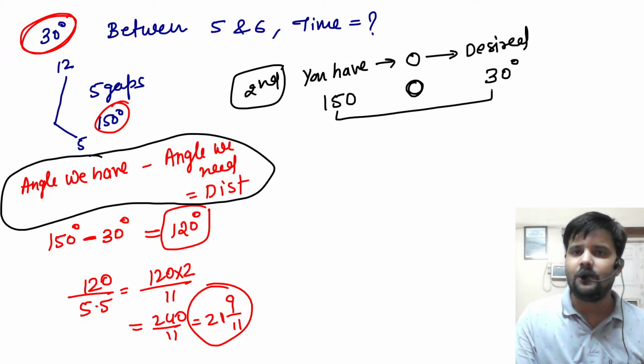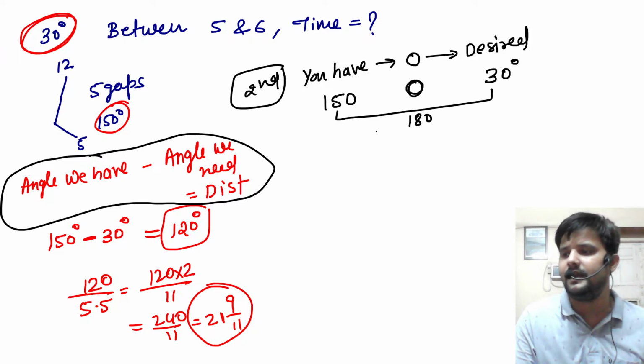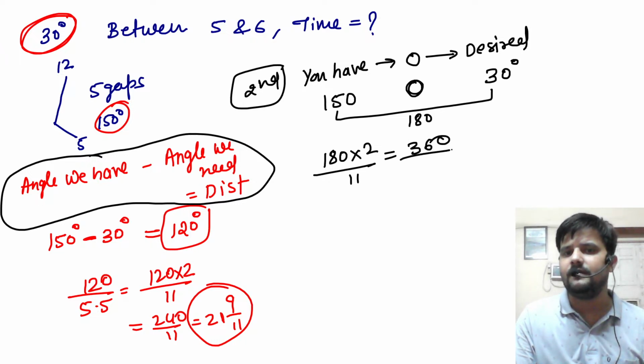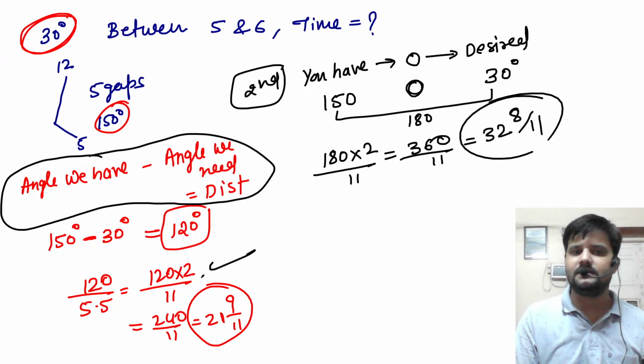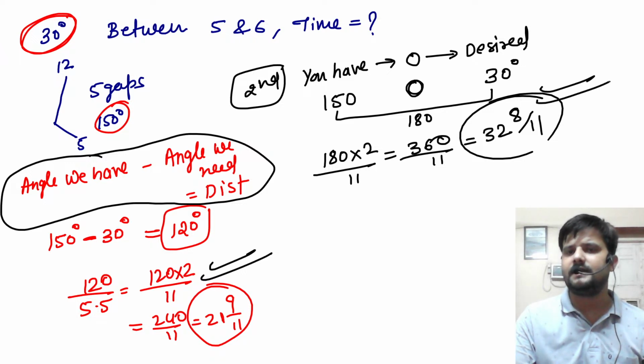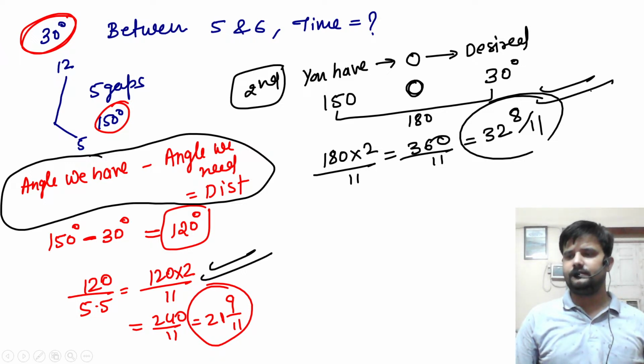So how much do you have to cover actually? You have to cover 180 degree. So the time taken would be 180 into 2 by 11, which is 360 by 11, which means 32 whole 8 by 11. So this was the first instance, and this is the second instance when this angle is formed.